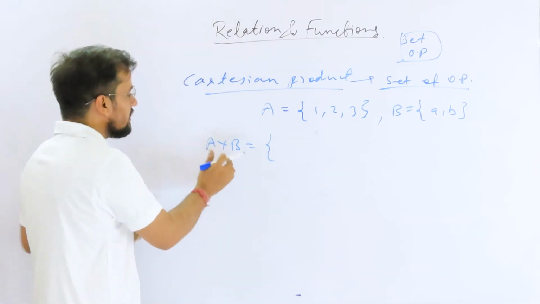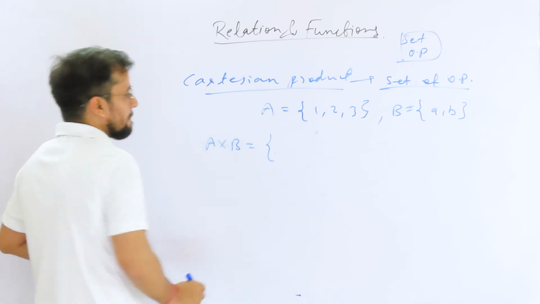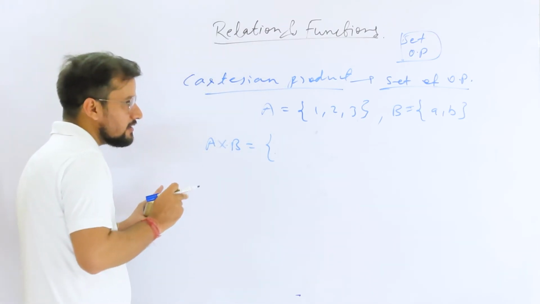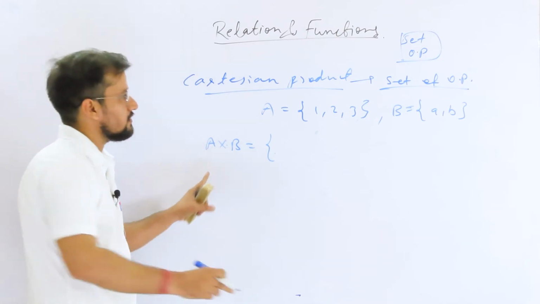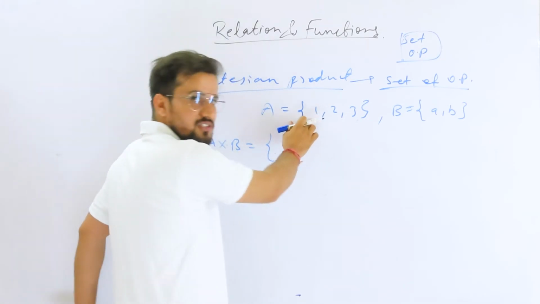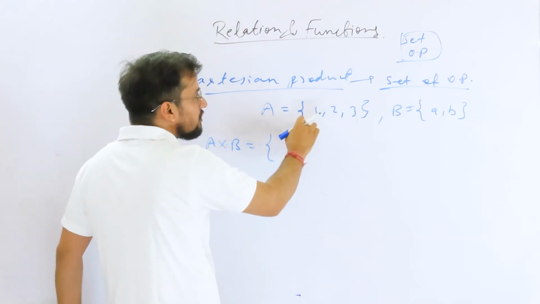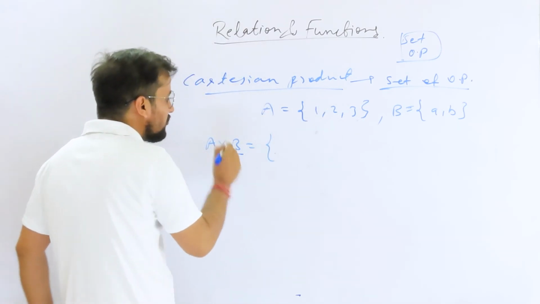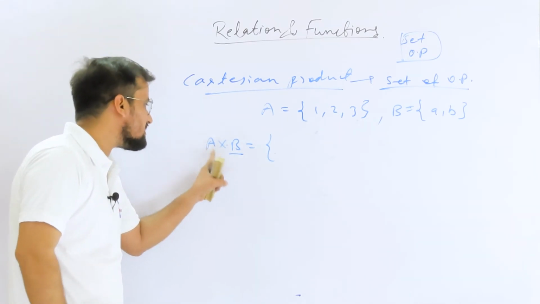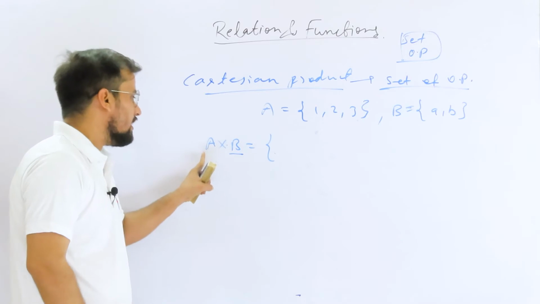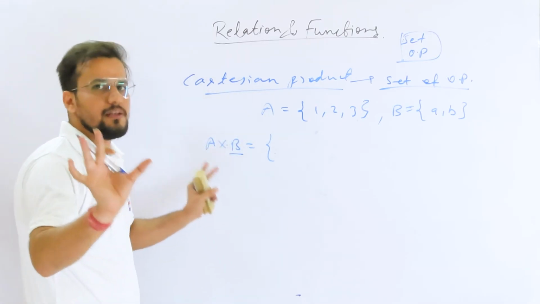A cross B means the Cartesian product of A and B. First we take the first element of A, which is 1, and pair it with all the elements of B. Listen carefully: start with the first element of A, then cover all the elements of B.